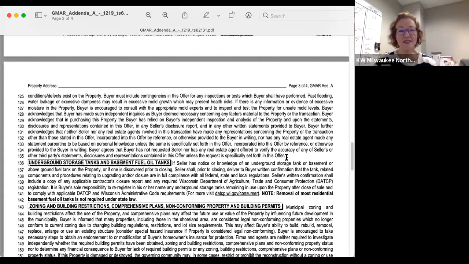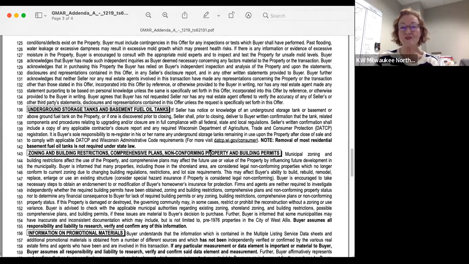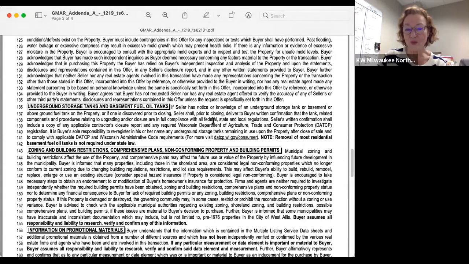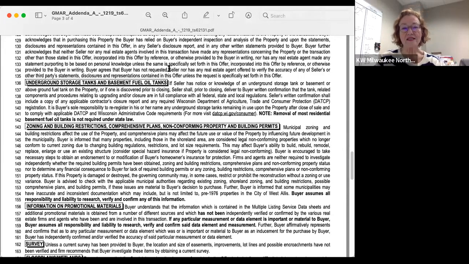Buyer further acknowledges that neither seller nor any real estate agents involved in this transaction have made any representations concerning the property or the transaction other than those stated in the offer, incorporated into this offer by reference, or otherwise provided to the buyer in writing, nor has any real estate agent made any statement purporting to be based on personal knowledge unless the same is specifically set forth in this offer, incorporated in this offer, or otherwise provided to the buyer in writing.